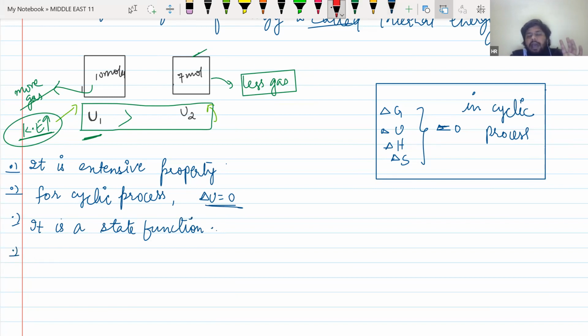I already told you that the absolute value you cannot find, so we find the change in internal energy.